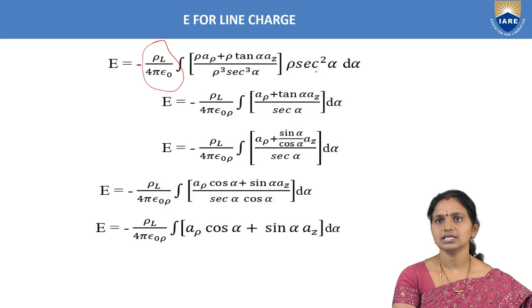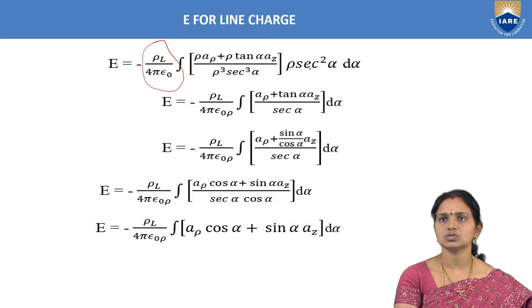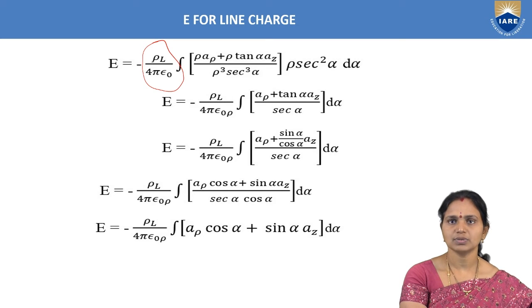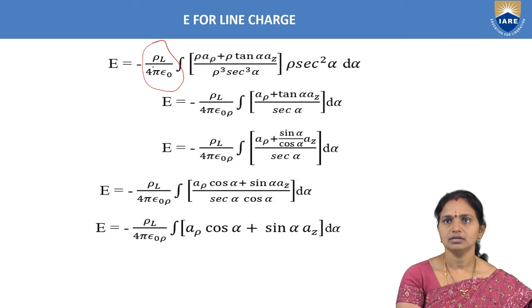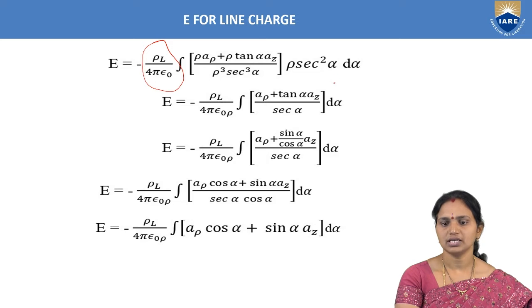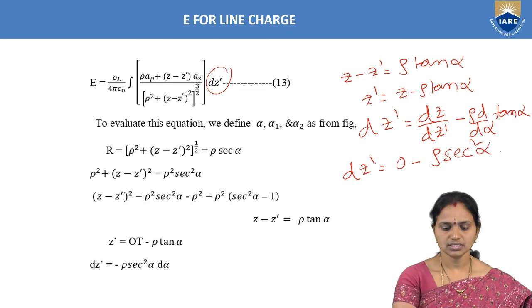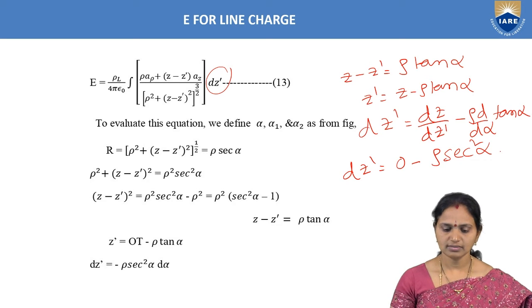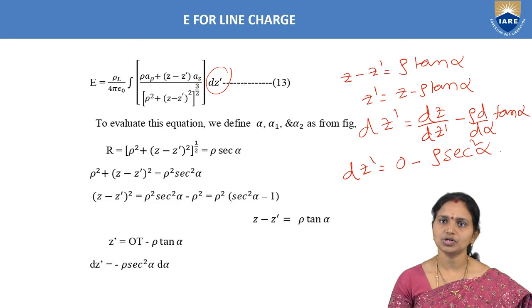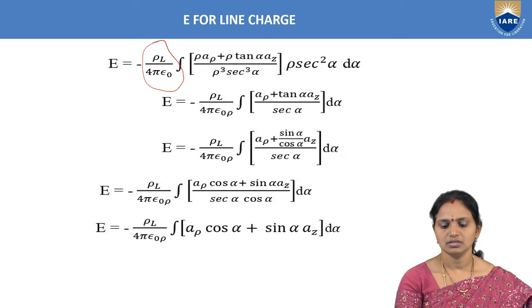In place of dz dash, take minus rho secant square alpha d alpha, and this minus comes outside, divided by rho square plus (z minus z dash) whole square, whole to the power of 3 by 2. For this also we will see the simplification.